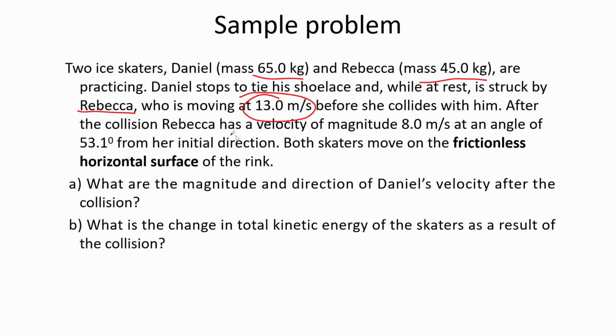After the collision, Rebecca has a velocity of magnitude 8 meters per second at an angle of 53.1 degrees from her initial direction. So that means she is in the first quadrant. Both skaters move on a frictionless horizontal surface of the rink. So, it is an ice rink.